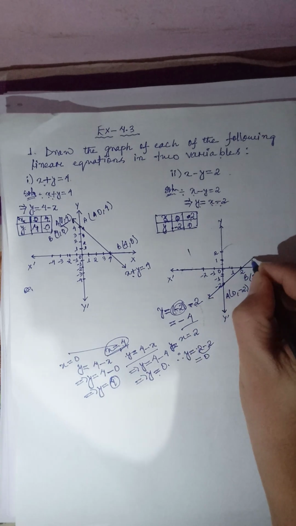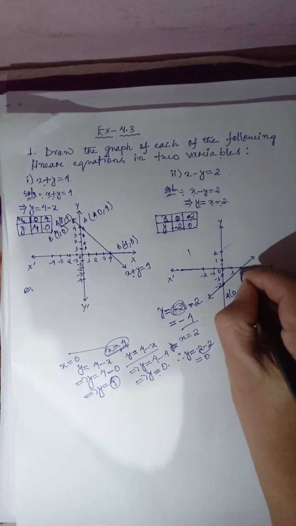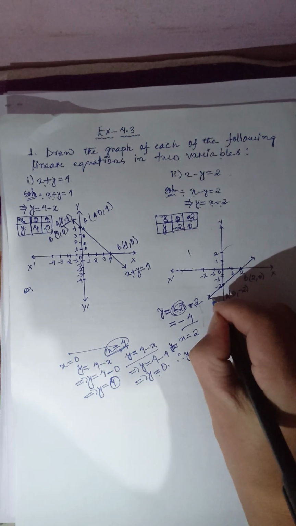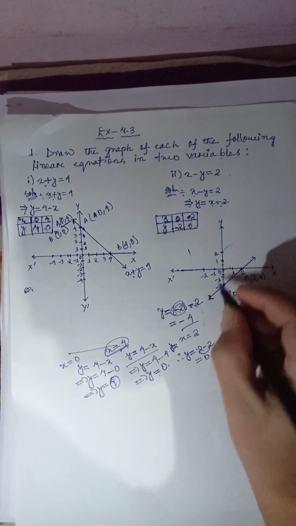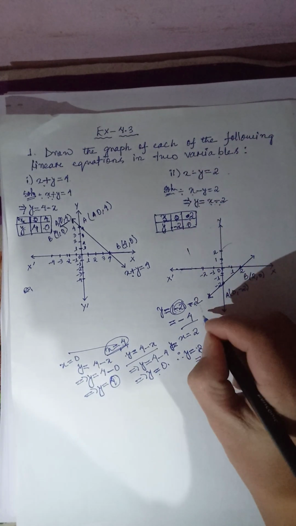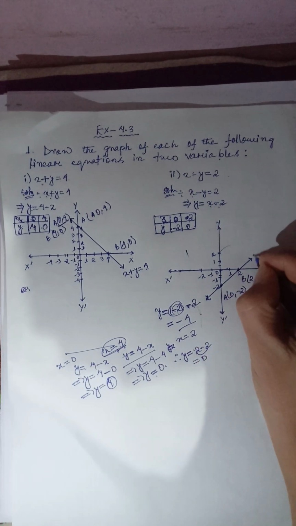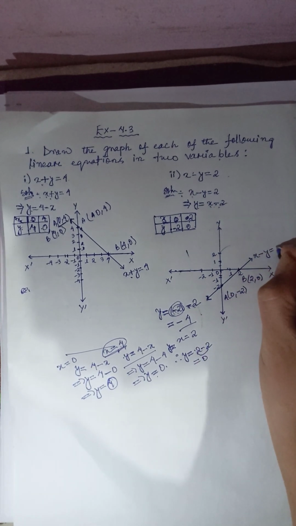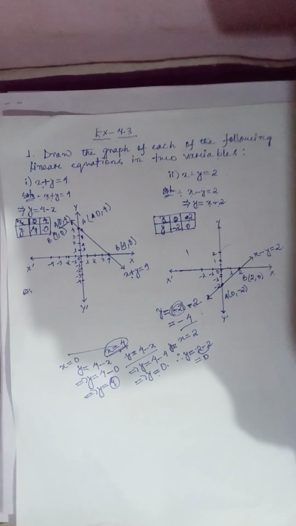After you join the two points, then you will form a line. This line is represented by this equation. Let us write it. What is that? It is x minus y equal to 2, right?